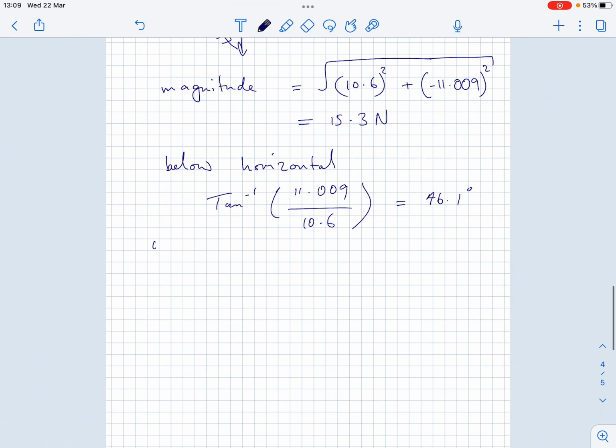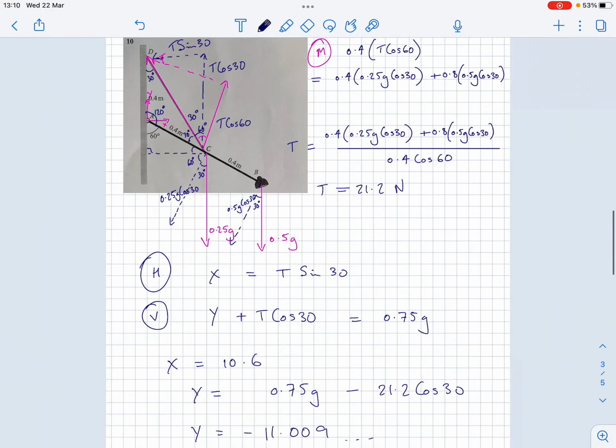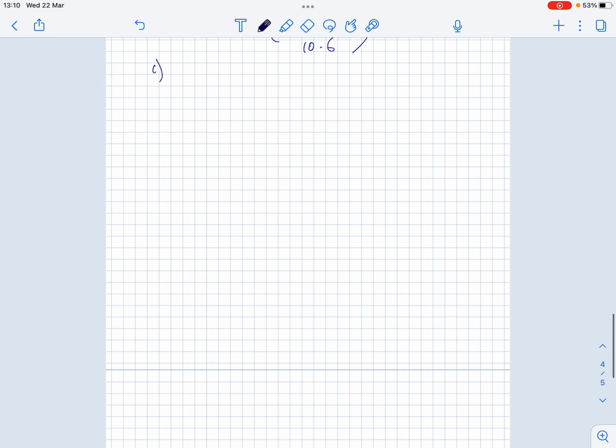Almost there. Last bit, part C suggests one improvement that could be made to make the model more realistic. I'd be very surprised if it didn't say that the chain was light, or inextensible, so we want to poke holes at that. Where have we got the information about the chain? Oh, I just had the diagram, that's annoying. Let's just read it.